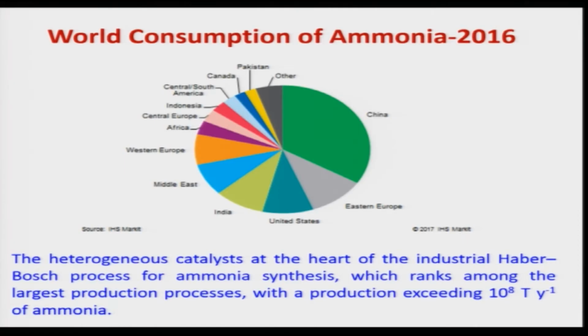The heterogeneous catalyst is at the heart of the industrial Haber-Bosch process for ammonia synthesis, which ranks among the largest production processes, with a production exceeding 10 to the power 8 tons per year of ammonia. So, you see that the formation of ammonia is so important for us.